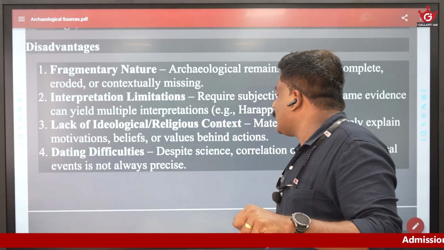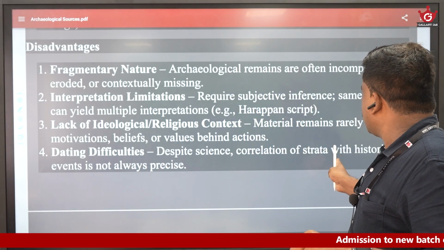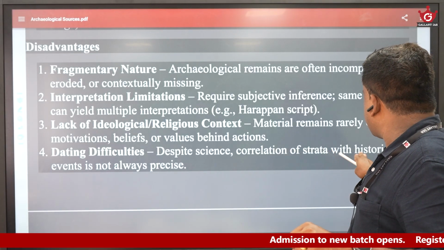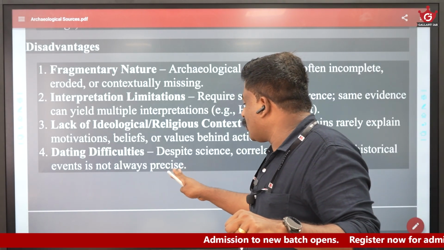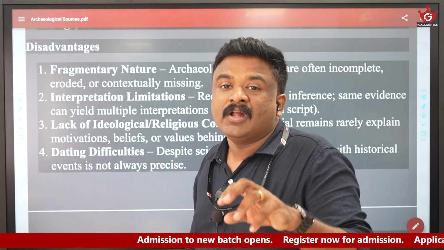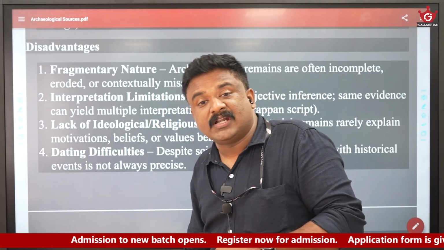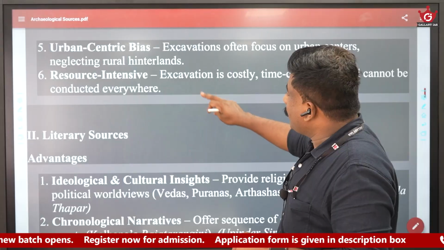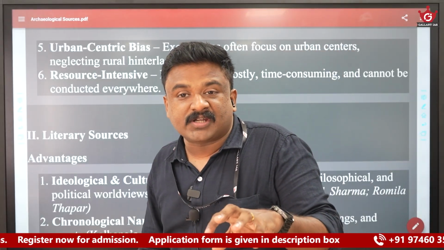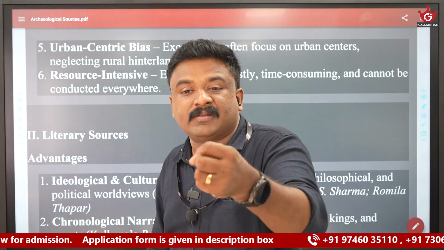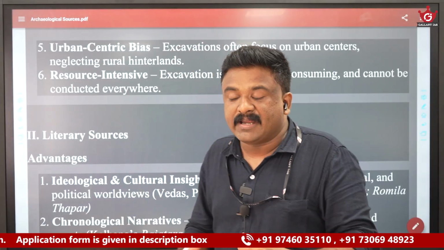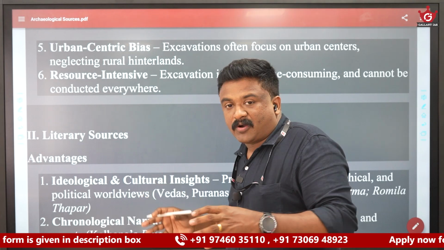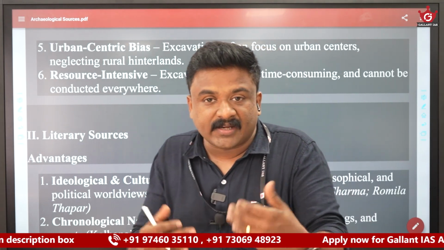Dating difficulties are also there. Sometimes the correlation of strata with historical events is not always precise. That is also a problem with archaeological sources. Now coming to urban-centric bias. Most of the archaeological remains we collect are from urban areas, where coins and inscriptions are found.